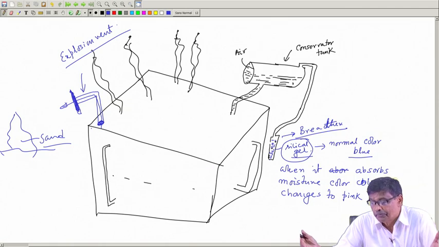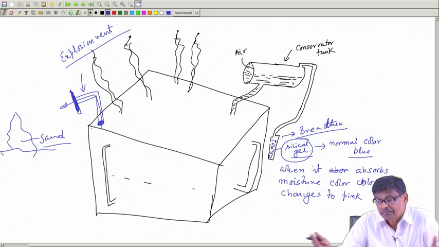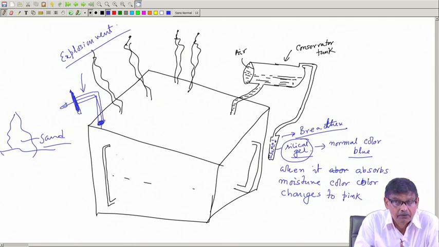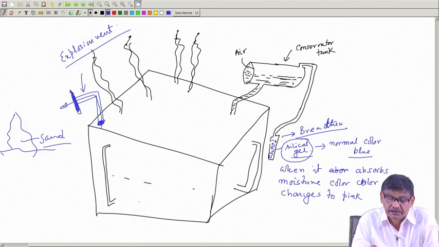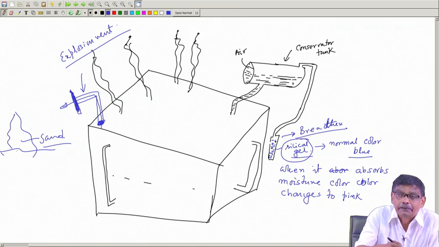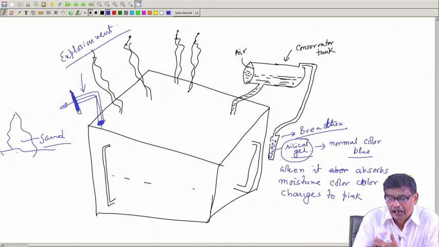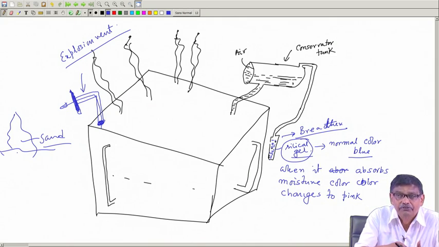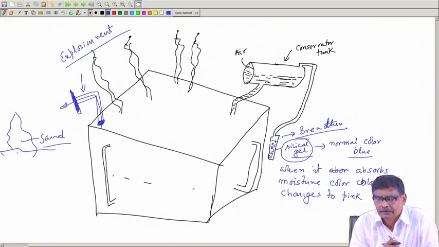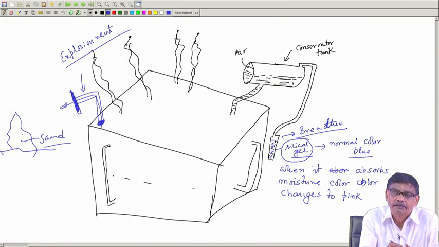If no protection mechanism works, oil will break this thing because of its own pressure and heat generated, and oil will gush out. And you provide a directed path. On the floor, you keep some sand, etc., so that oil will be coming here.